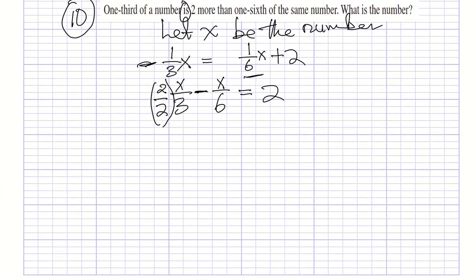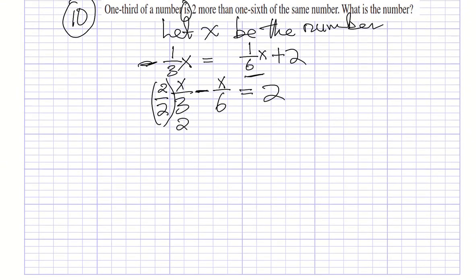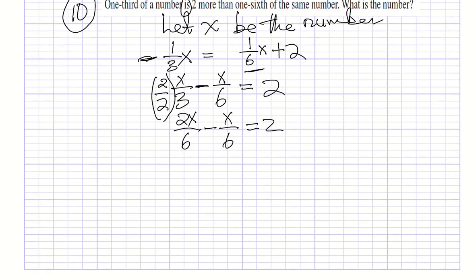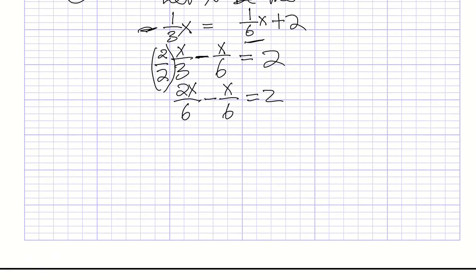So after we do that, what do we have? We'll have 2x over 6 minus x over 6 equals 2. Then you get 2x minus x over 6 equals 2, and that 2 can be 2 over 1.